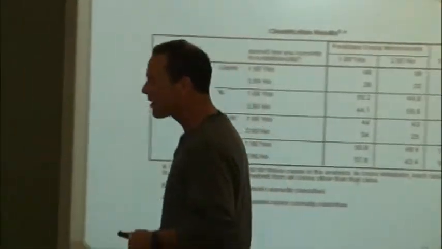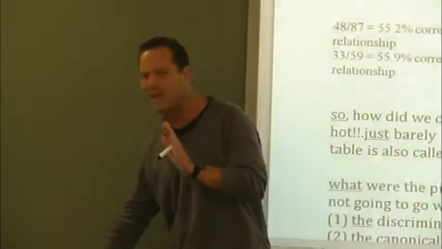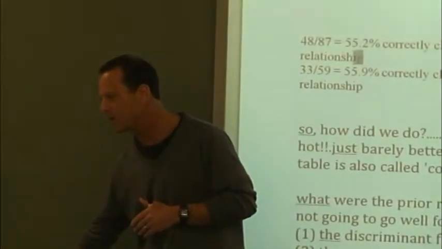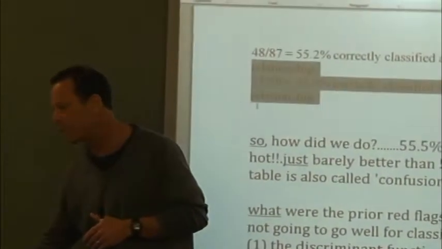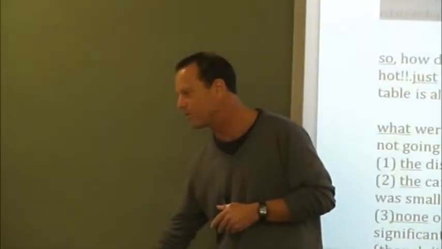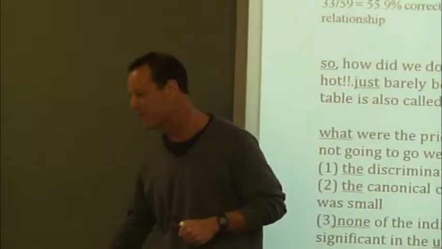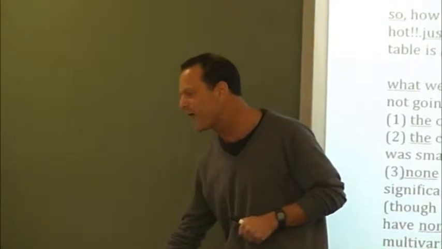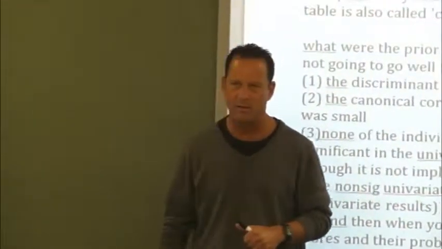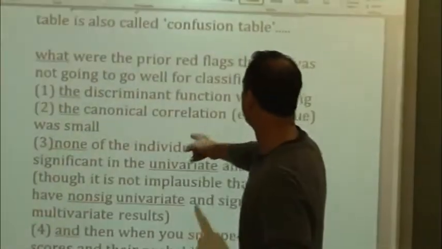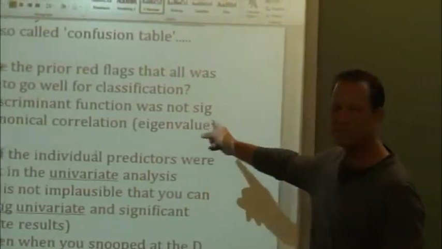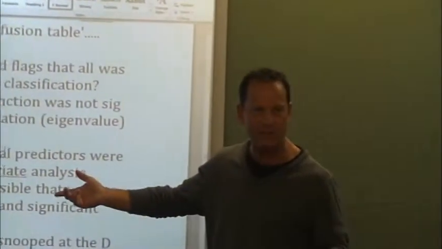What is cross-validation? First of all, looking at the initial results, 55.9% classified as being in a relationship. So how did we do? Thumbs up, thumbs down? What were the red flags that all was not going well? The discriminant function was not significant. Remember the eigenvalue?